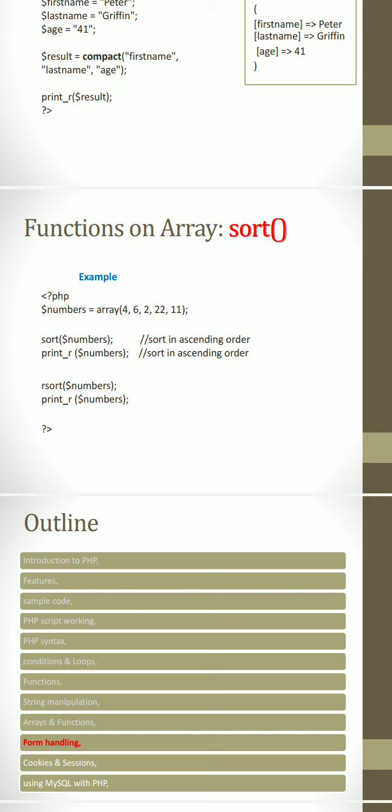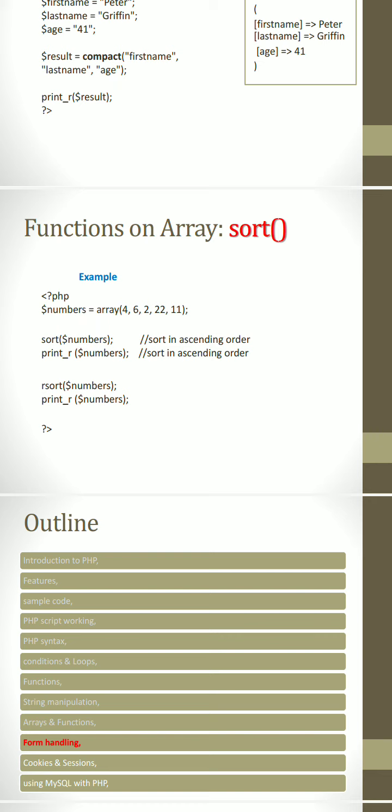We have to sort this array. So sort in bracket $numbers. We are passing the array name as an argument over here. Again we have to print that. So print_r in bracket $numbers. So here what will be the output? It will sort in ascending order. That means it gives the answer as 2, 4, 6, 11, 22.